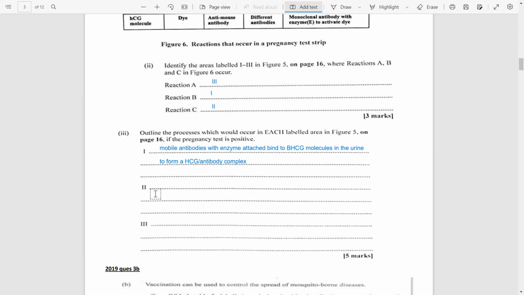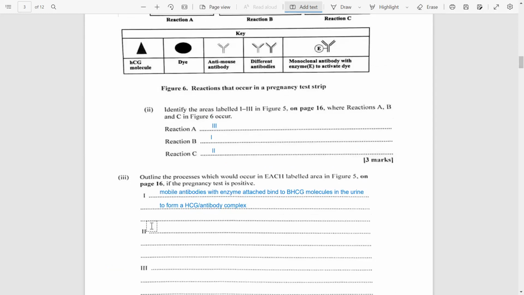The second thing is number 2, where we would have the immobilized antibody binds to the beta HCG antibody complex.